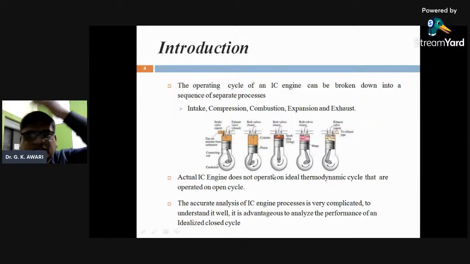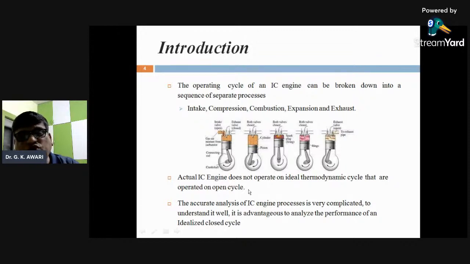So the cycles which are followed, because today we are going to study the cycle, what is the importance of the cycle, and how this IC engine functions. An actual IC engine does not operate on an ideal thermodynamic cycle; it operates on an open cycle, which means the actual cycles differ from the ideal cycles, and the ideal cycles are not practicable.